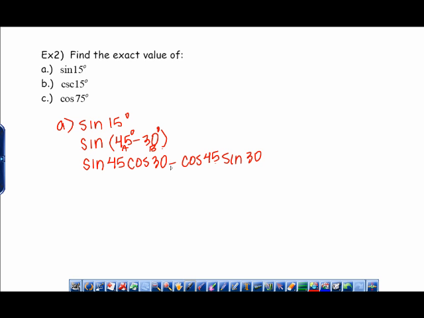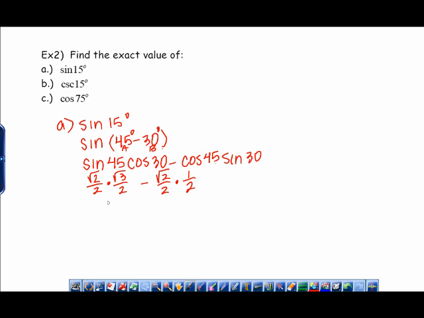But here I don't really need to draw a triangle. These are exact values, and this is another reason why we keep practicing this. Sine of 45 is square root of 2 over 2. Cosine of 30 is square root of 3 over 2. Cosine of 45 is square root of 2 over 2. And sine of 30 is 1/2.